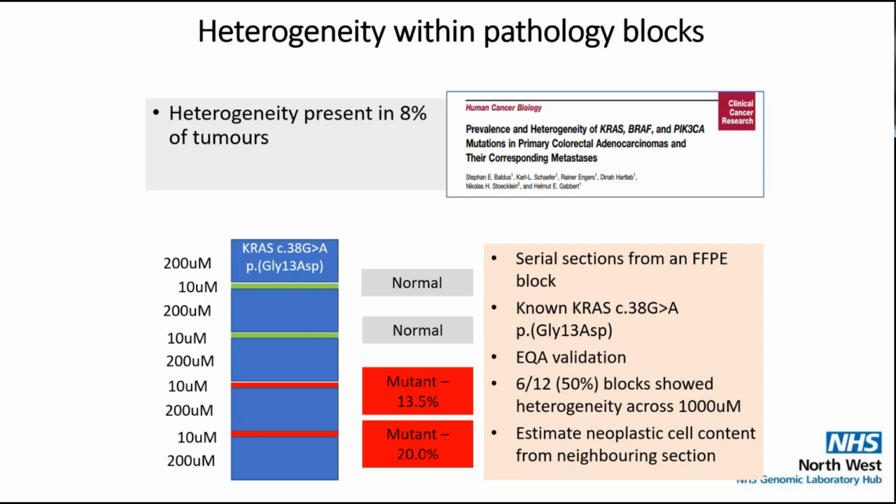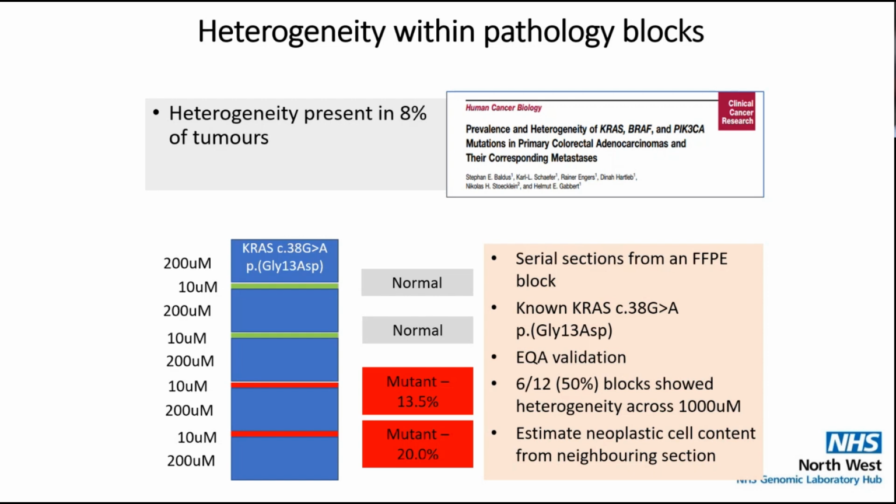When they analysed different sections at different levels in this block, they saw that the mutation was only detectable in some of those sections, showing that there was quite a lot of heterogeneity through the block, and you can't always be sure that any changes are consistent in every single section between the top and the bottom.